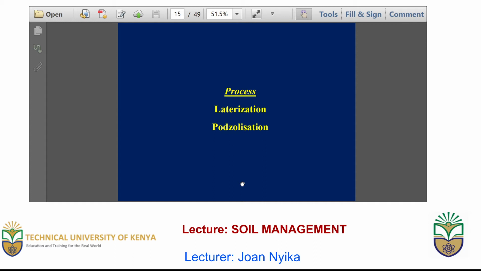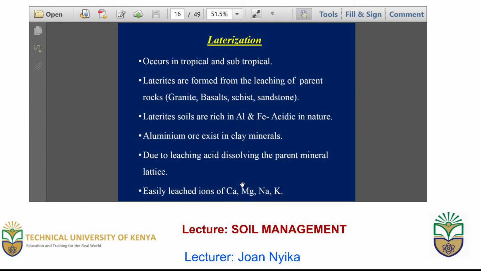But what are the processes that lead to soil acid formation? There are two processes, what we call lateralization and podzolization. Remember, we had that as one of the reasons why soil is formed. Let us look first at lateralization.